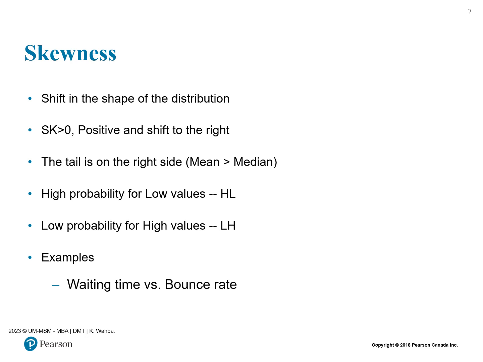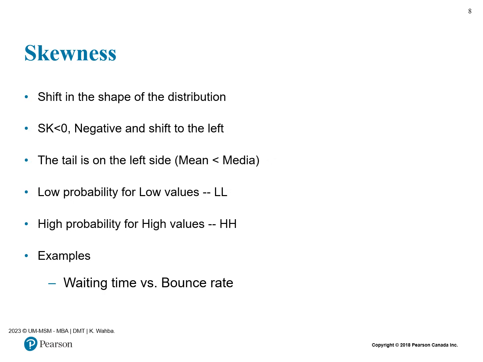In this case, the mean is greater than the median, because for symmetric data, mean and median are equal. It means there is a high probability for low values to happen and a low probability for high values to happen. Examples are waiting time and bounce rate on websites.